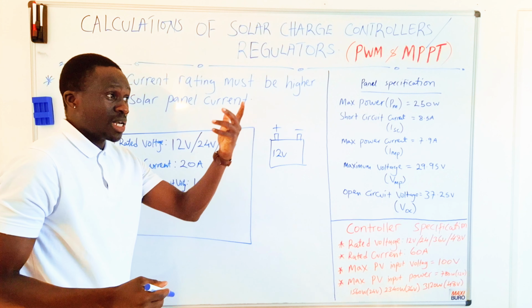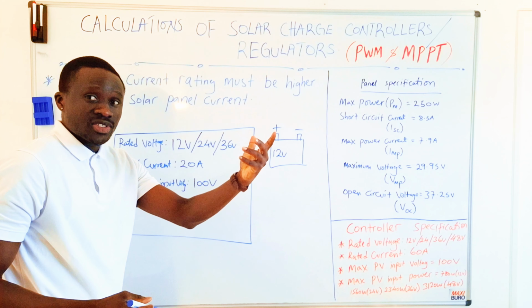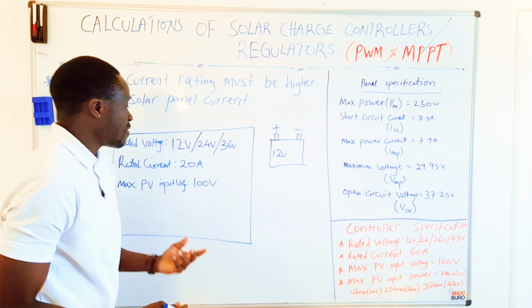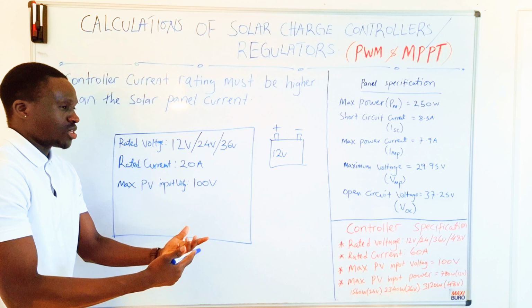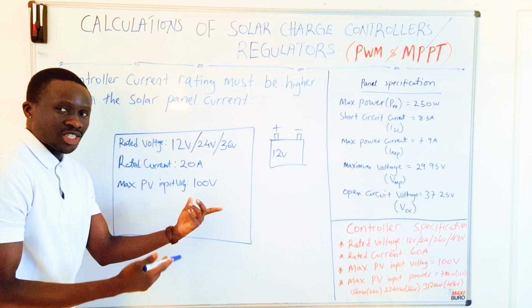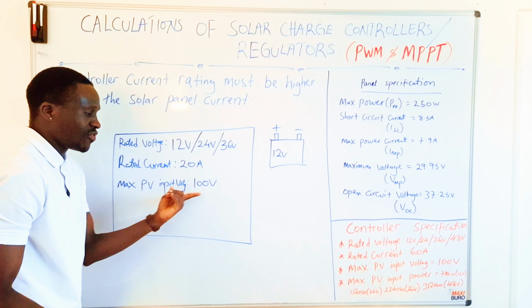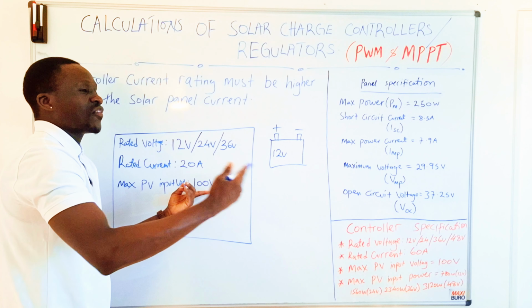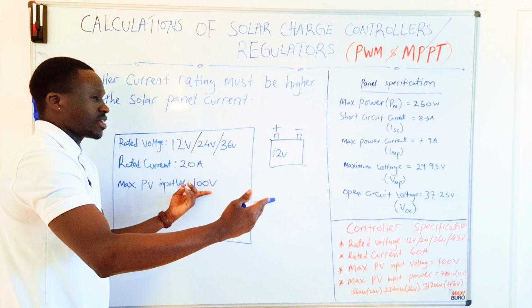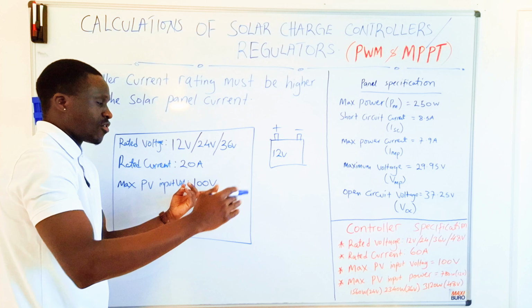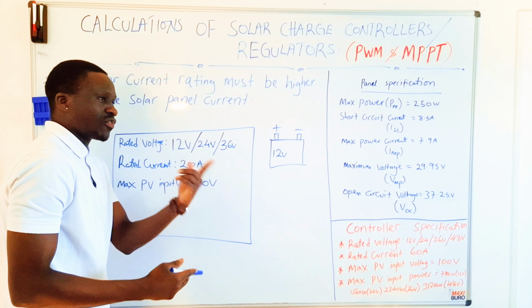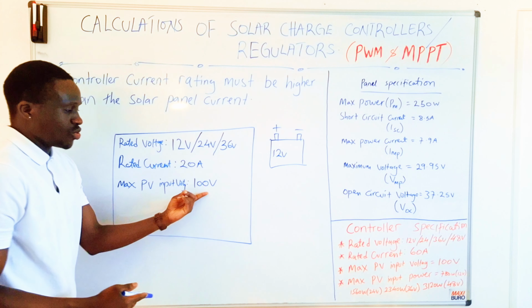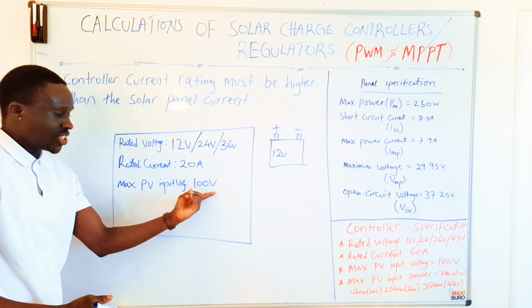Let us say each panel has 21 volts. You add the 21 volts of each panel to reach the 100 volts. I think about four panels of 21 volts will reach the 100 volts.